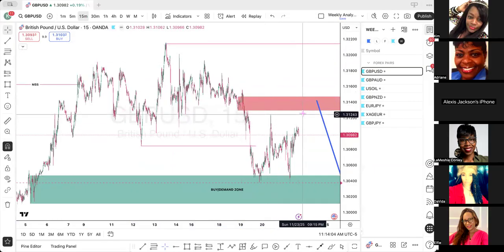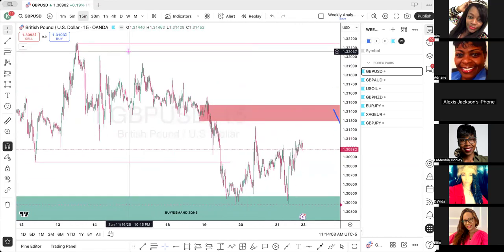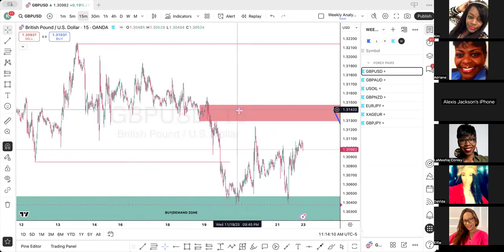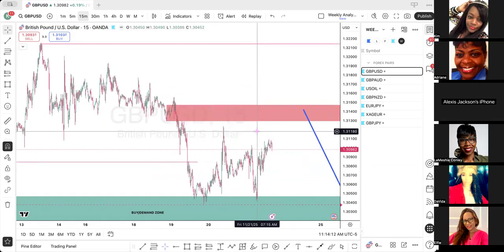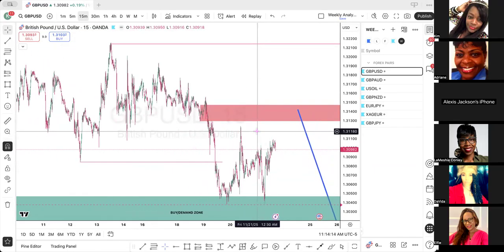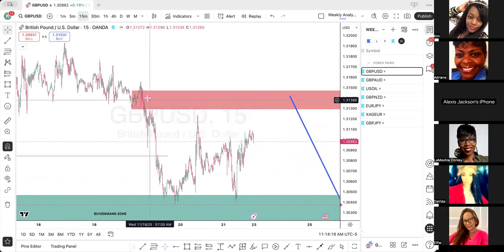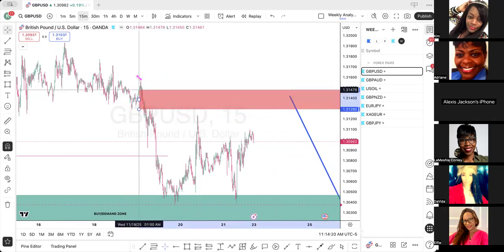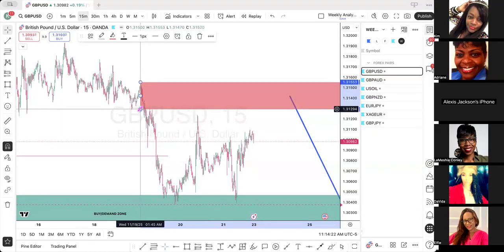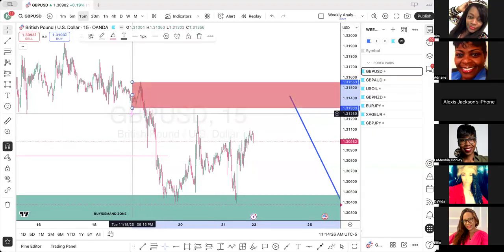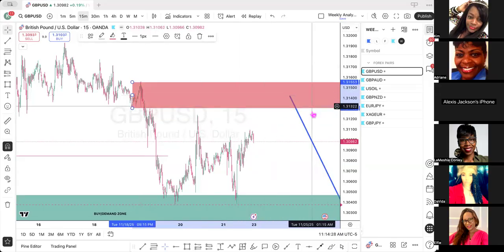So price can buy anywhere, all the way, price can come all the way back up here, for all I know. But I would definitely be looking for a shift in structure somewhere in this zone for a sell.